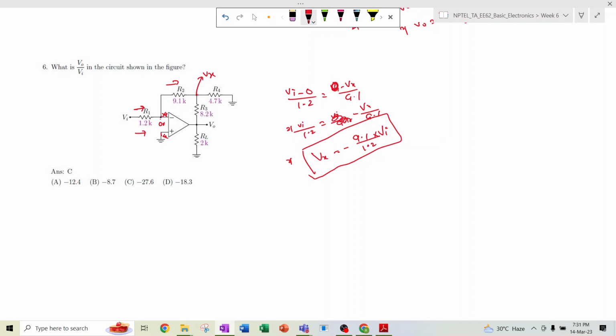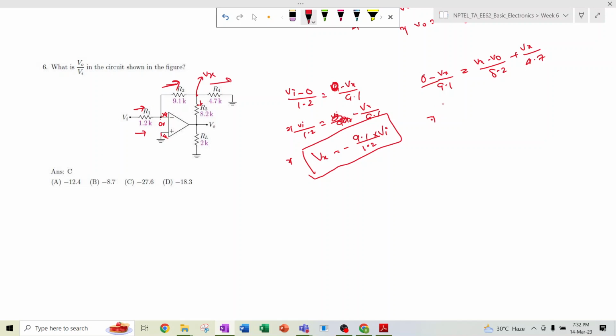So now from this we need to apply another KCL. So minus Vx divided by 9.1, that means whatever current is flowing through this terminal, is equal to Vx minus Vo divided by 8.2, that means the current flowing through this, and the rest of the current, plus Vx minus 0, that means Vx divided by 4.7, right?